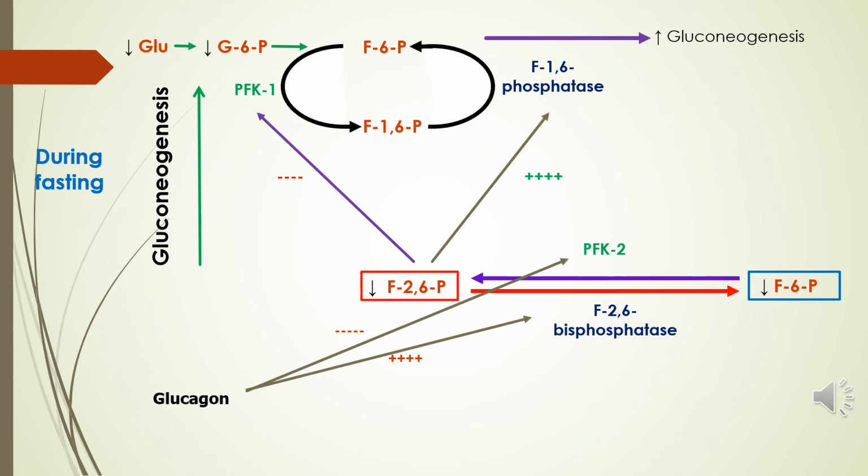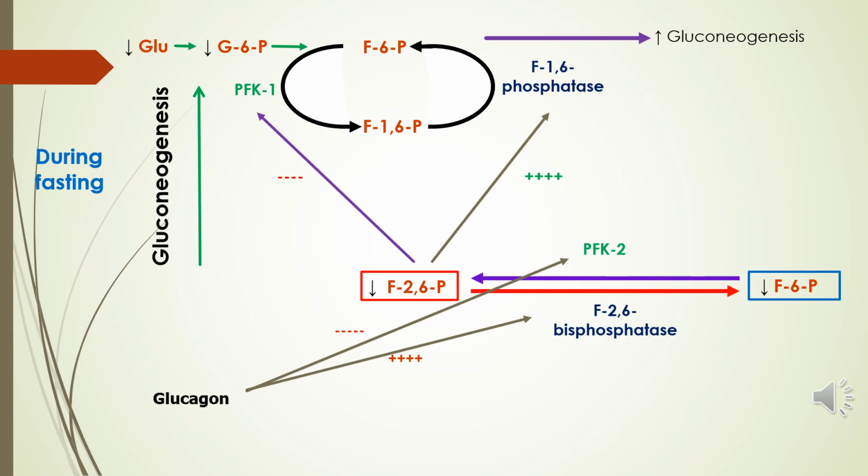So what about the fasting state? During the fasting state, glucagon is operating and it stimulates the production of cyclic AMP, activating cyclic AMP dependent protein kinase. The kinase activated by glucagon in turn phosphorylates and inactivates the phosphofructokinase 2 and activates fructose 2,6-bisphosphatase.